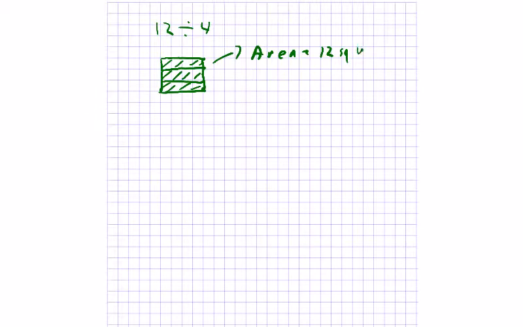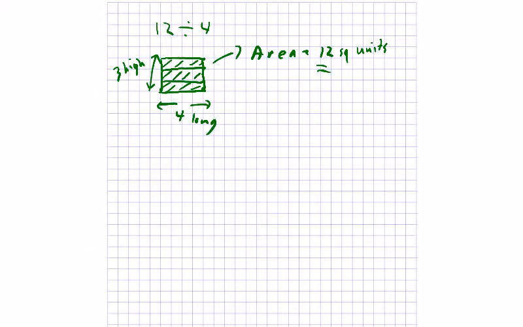I had said blocks before, but we could just as well have said units. And we have a width that is 4 long. And we all know from multiplication, if this was 4 units long and it were 3 units high, the area that we would get would in fact be 12 square units.